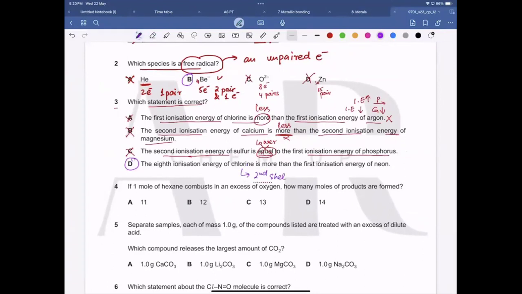And at that moment, chlorine has a +7 oxidation number. Its nuclear charge is very high. And the first ionization energy of neon is just for a neutral atom, and it is also in the second shell. But see, a +7 atom has its electron removed from the second shell, and a neutral atom has its electron removed from a second shell. So obviously its ionization energy is very large as compared to the ionization energy of neon. So D is the correct answer.